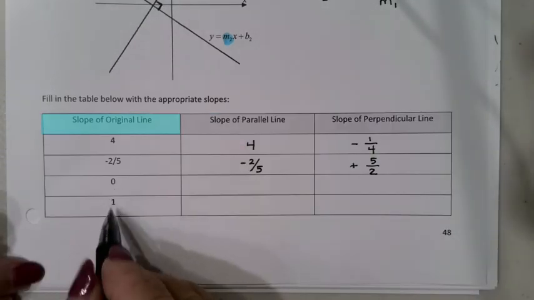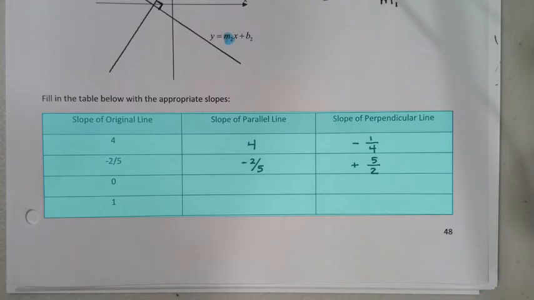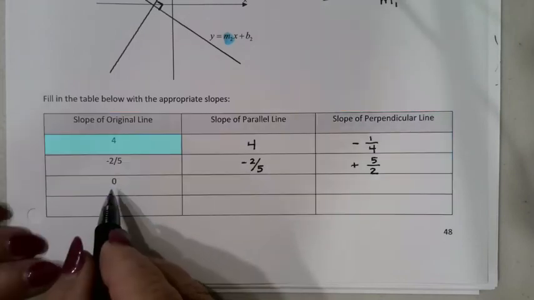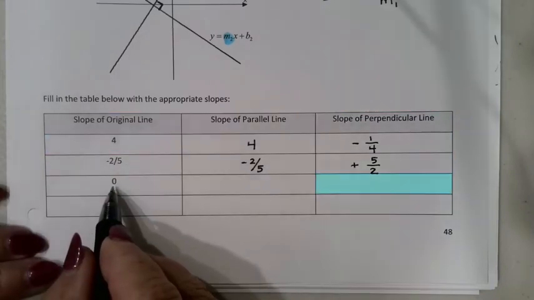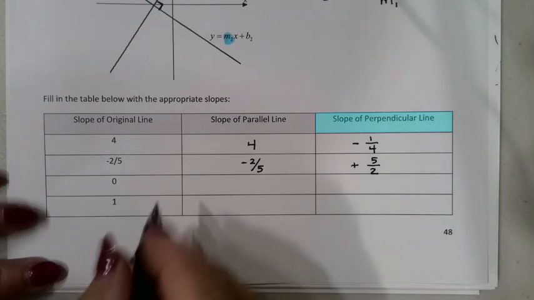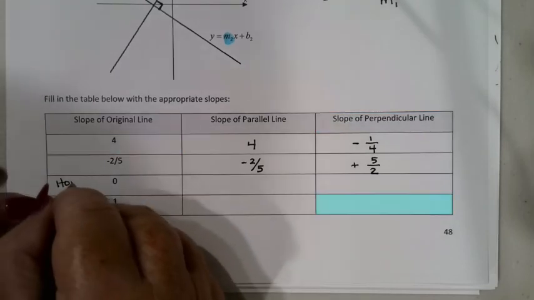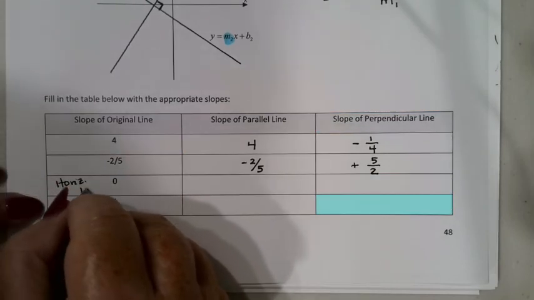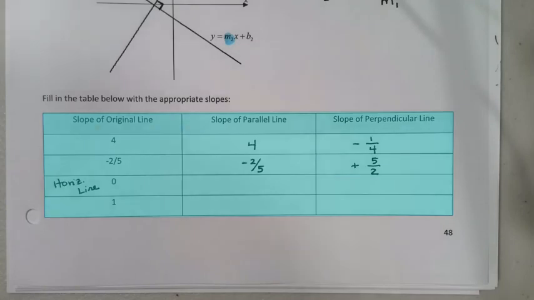These last two are our special cases, the ones we just finished talking about. If the slope of my original line is 0, this is that horizontal line, right? Then the parallel line will have the same slope, 0.